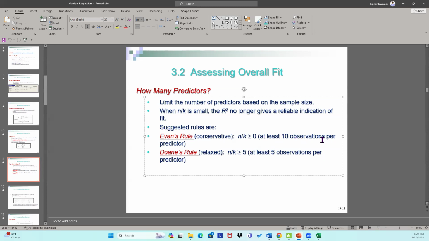And if you know the rule of thumb in statistics, the higher the N value or the sample size, the better the result, the better the generalization of your results. So the book says 5 is too few. This is Evans rule.